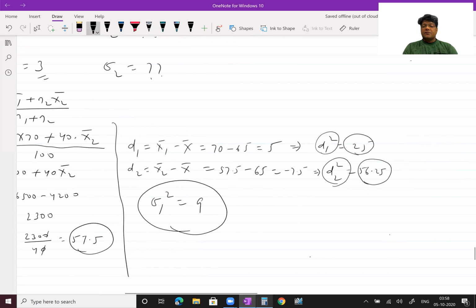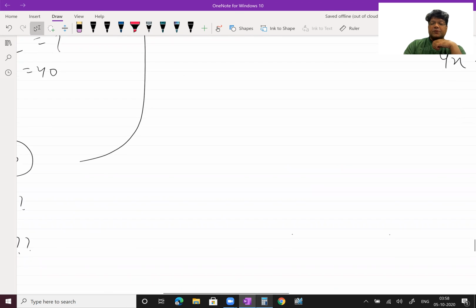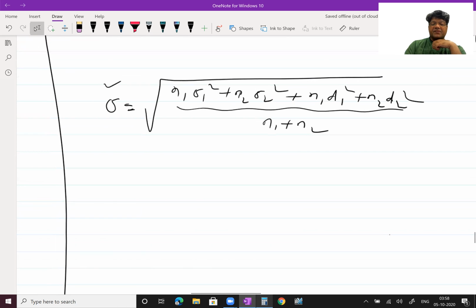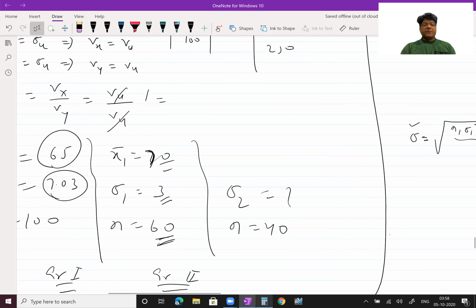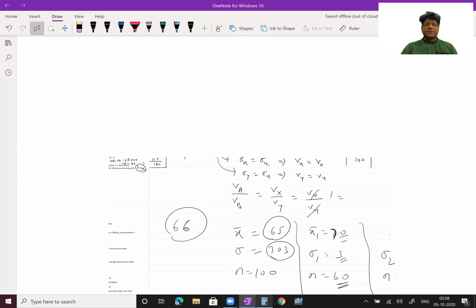So these values we will put now in the formula.